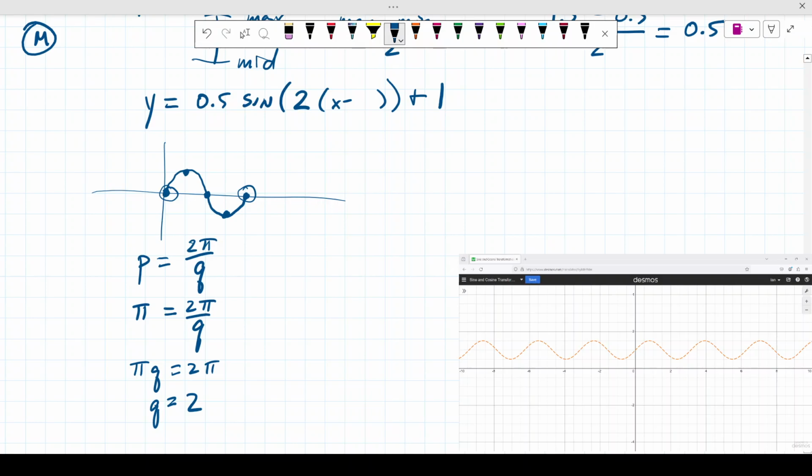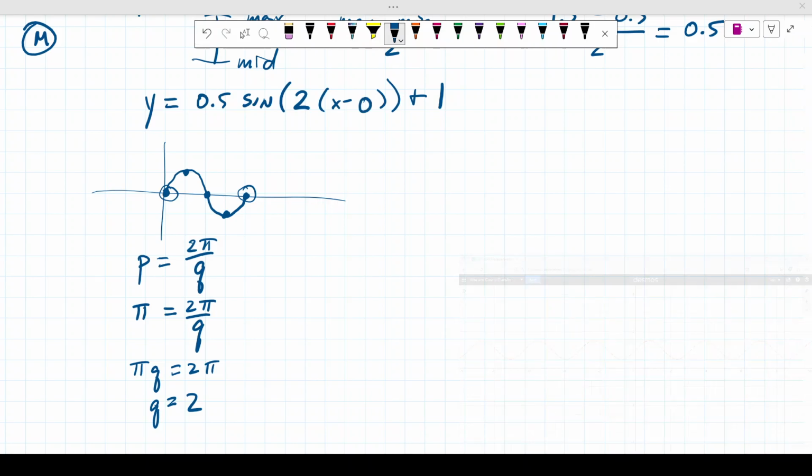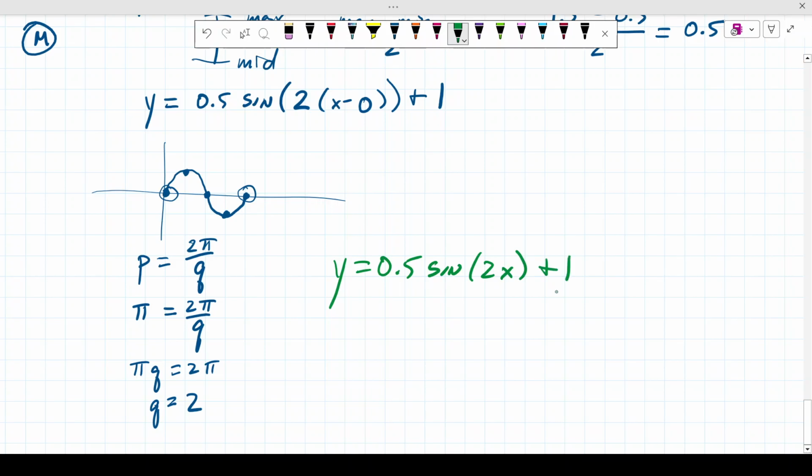Last, I have to look at my shift. If I look at this, you can see this starting point, (0, 0), is still there. It's just been shifted up by 1, but it has not been shifted left or right. So my H is actually 0. Altogether then, I would say that my equation is y equals 0.5 sine of 2x plus 1.